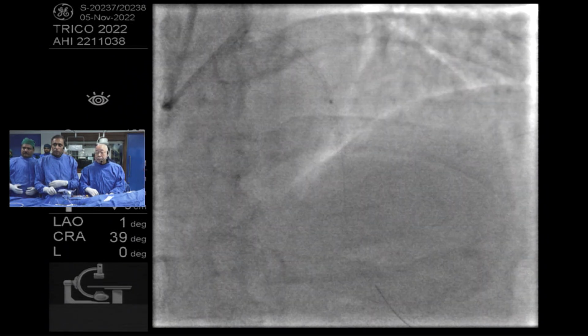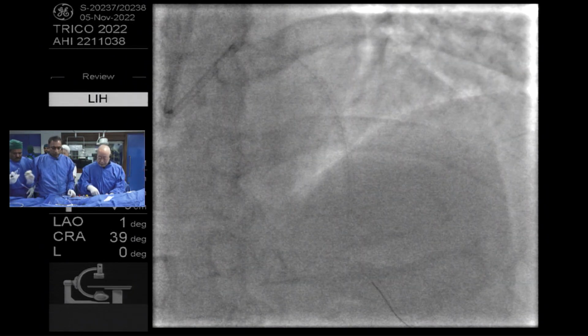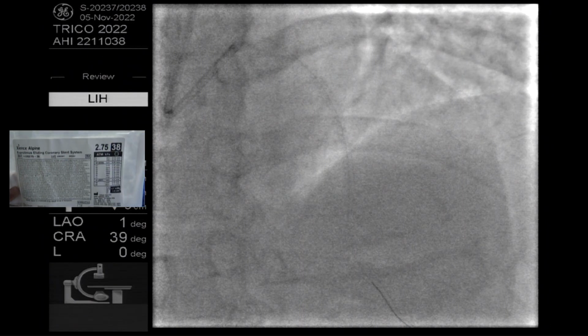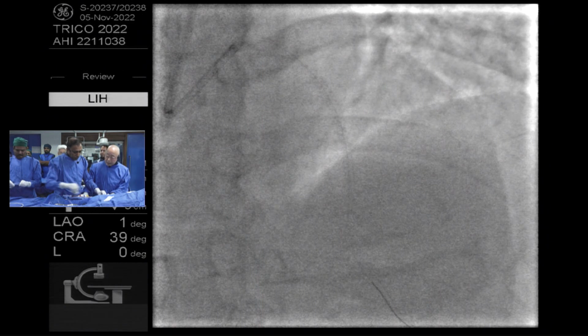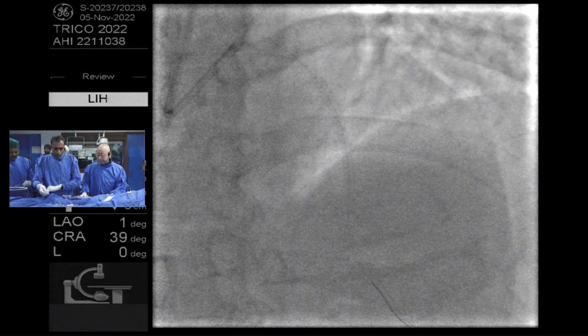Just check it. And with this IVUS, Dr. Saito, you'll check the left main as well. Yes, of course.